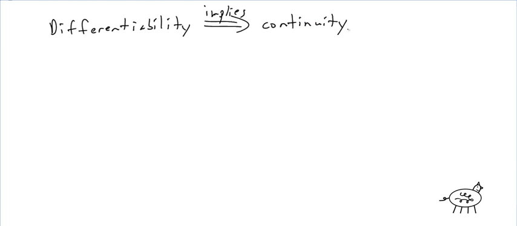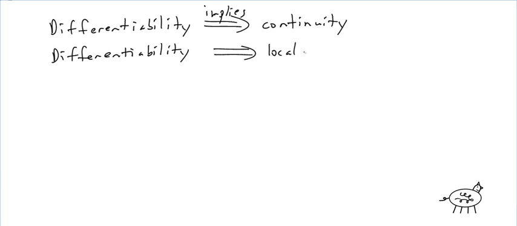That's the first thing you check. Okay, and also differentiability implies local linearity. Okay, it's got to be locally linear there. It can't have a corner or a cusp or vertical tangent. It's got to be locally linear.